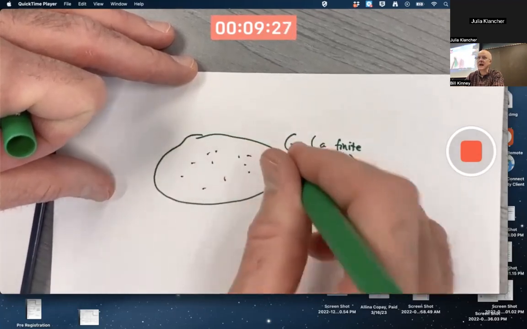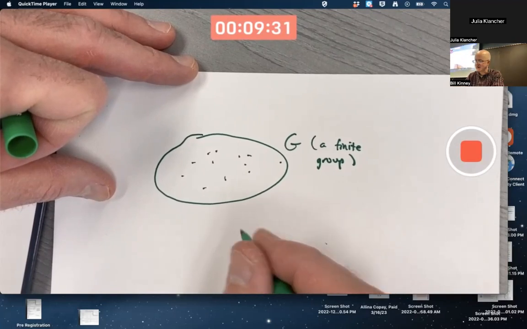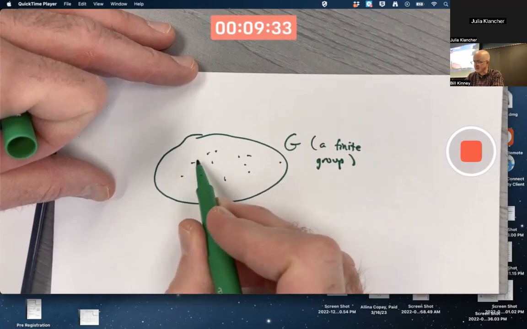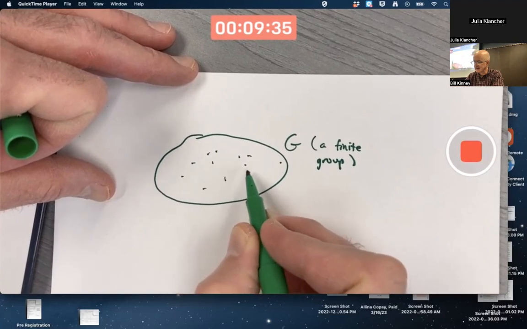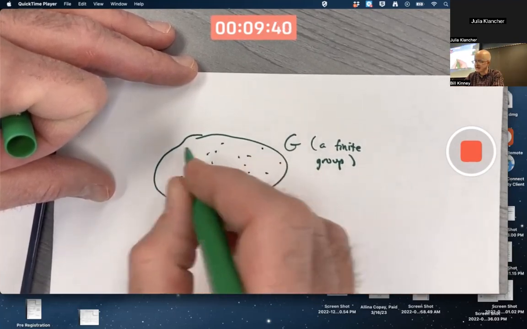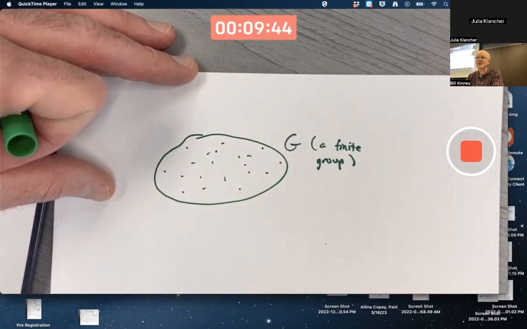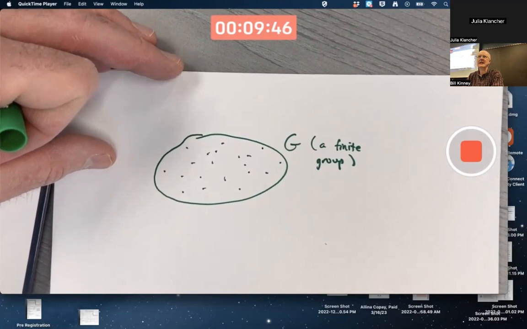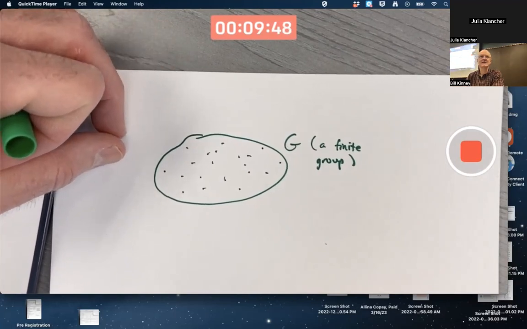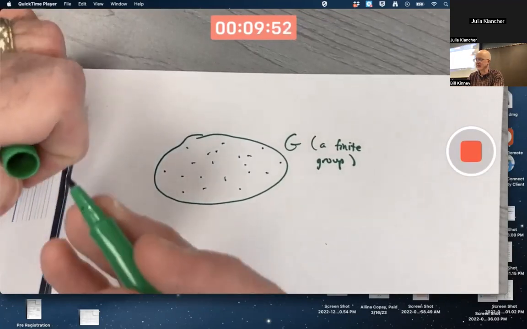I'll go ahead and make a bunch of dots. Those are like the elements of G. How many of them should I make? How many have I made so far? 1, 2, 3, 4, 5, 6, 7, 8, 9, 10, 11, 12. Let's make 20 total. 13, 14, 15, 16, 17, 18, 19, 20. Okay, so 20 points in G that are, say, the elements of G. G is a finite group of order 20, we can pretend.